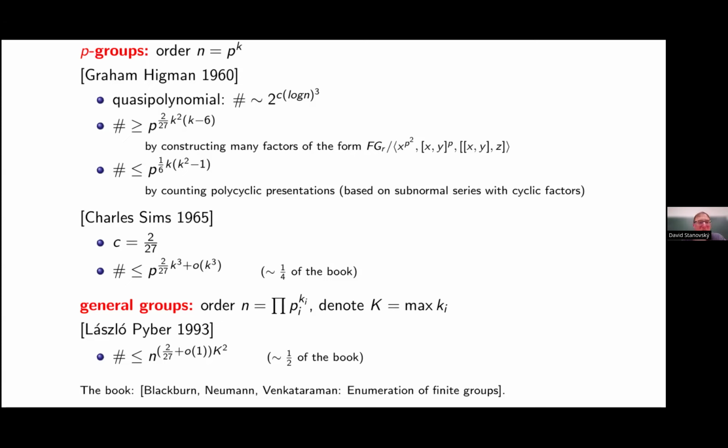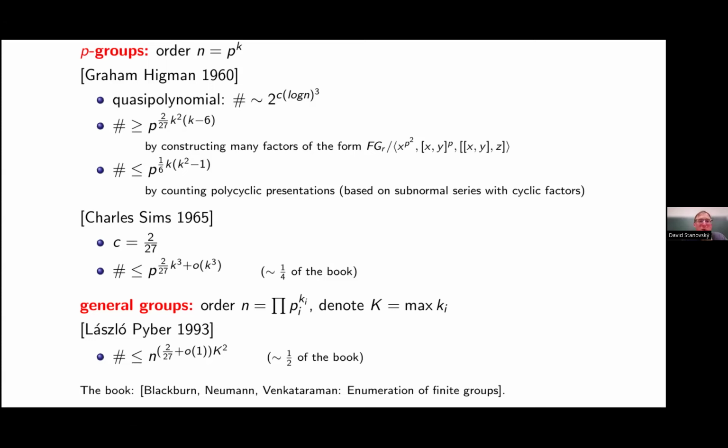But while the polycyclic argument is relatively simple, a couple of pages, the Sims upper bound is very complicated. It occupies about a quarter of a book, and I didn't even try to read it. I have to admit, it's more complicated group theory than I can at the moment understand.